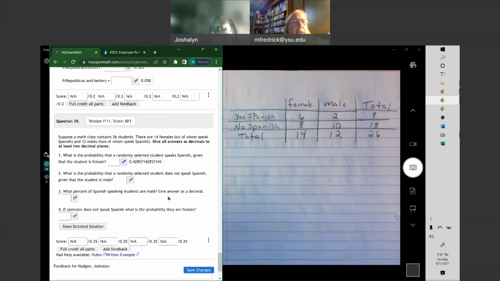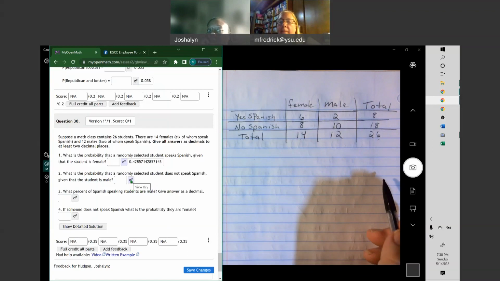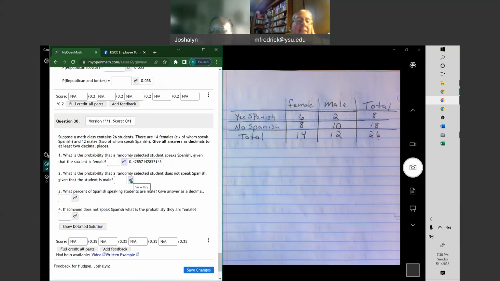Two or more decimal places. What's the probability that a randomly selected student does not speak Spanish given that the student is female? So that one is 8 over 14. Yeah, nice.